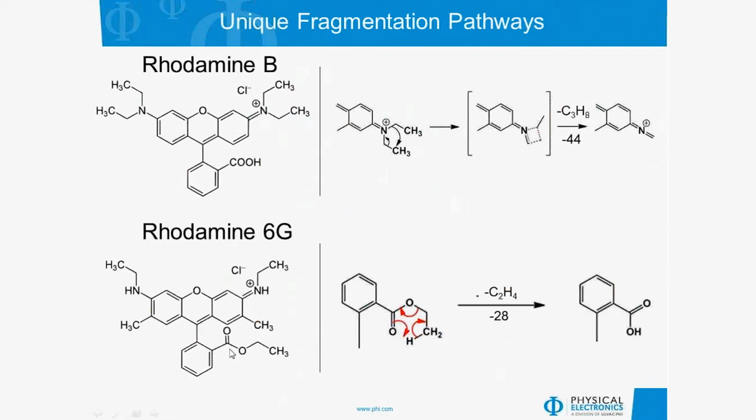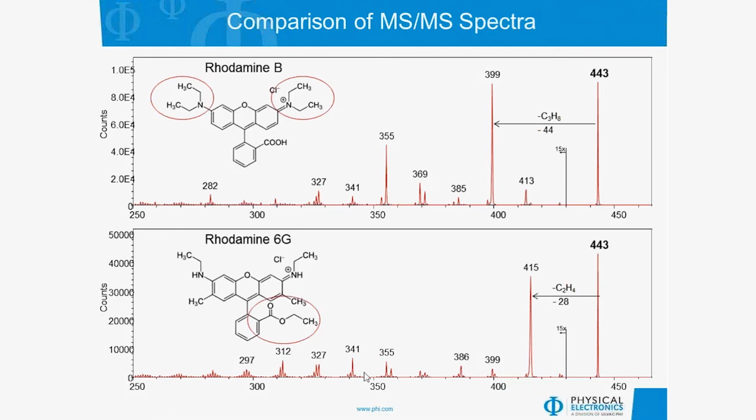Conversely, in Rhodamine 6G, we have this ethyl carboxylic group, which undergoes a rearrangement to lose 28, C2H4, to produce a carboxylic acid group. This can't happen in Rhodamine B because it's already carboxylic acid. So we can explain the differences quite easily, and that explains the loss of 28 and the loss of 44.